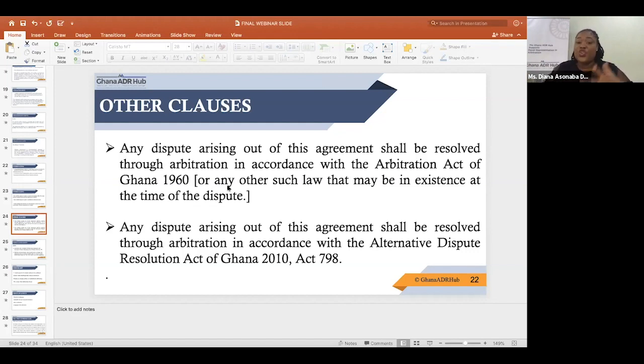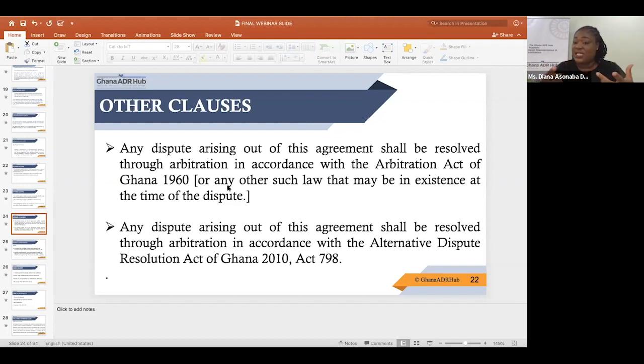So even though you may agree that your dispute should be resolved in accordance with the rules under the ADR Act, you may decide expressly if you want to go ad hoc or through an arbitral institution. Here, let me take the opportunity to talk a little bit about the advantages of both. If you choose ad hoc arbitration, of course, some have argued that you wean yourself off the cost of running your arbitration through an arbitral institution.